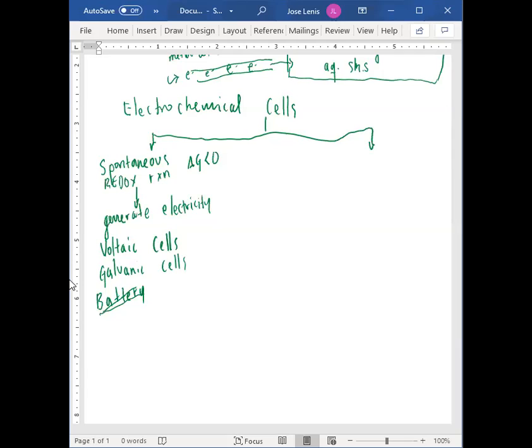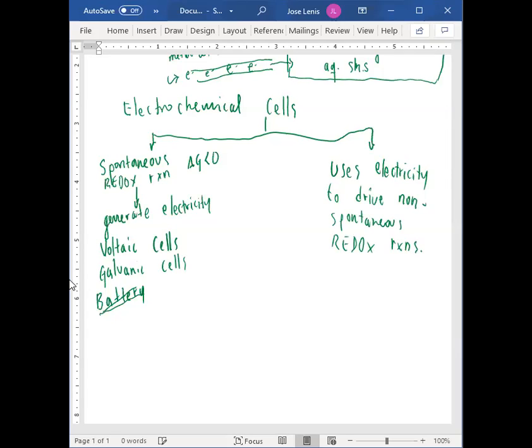This type of cell uses electricity to drive non-spontaneous redox reactions.